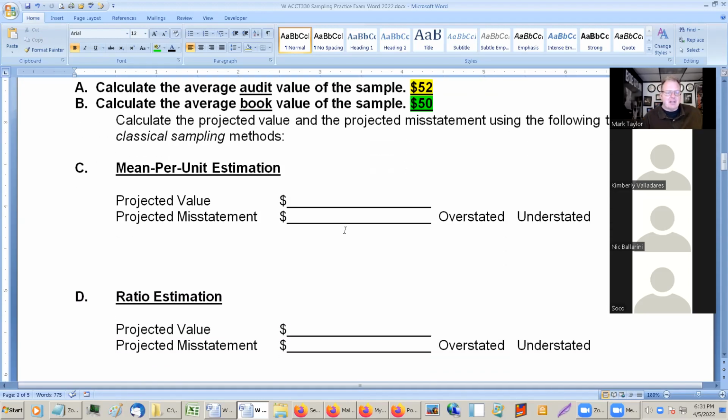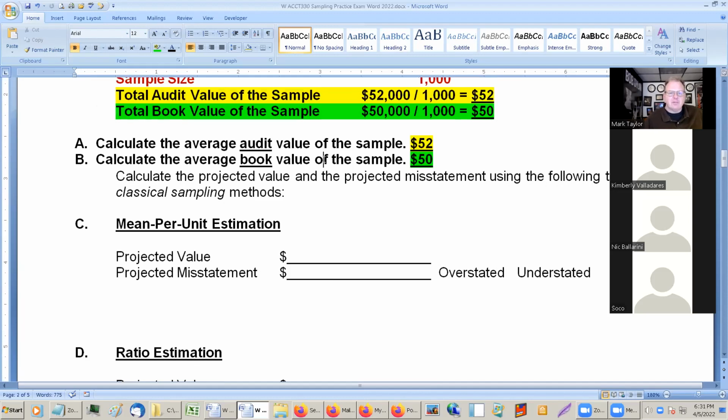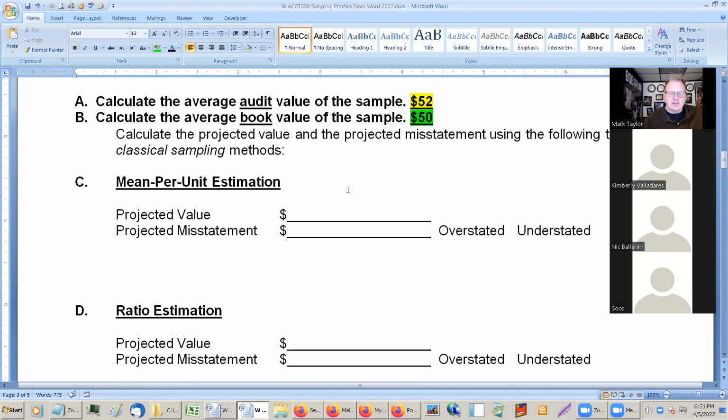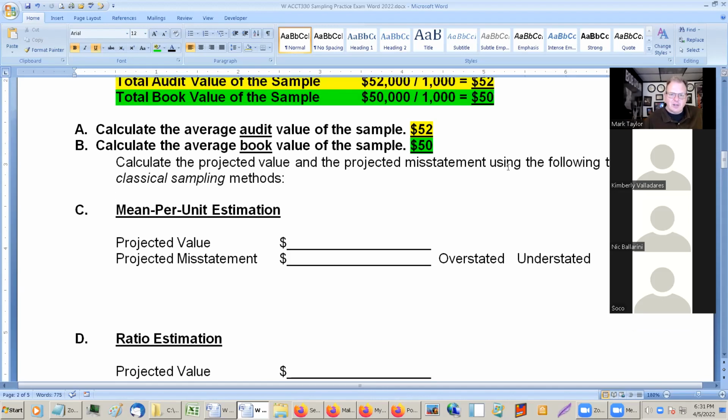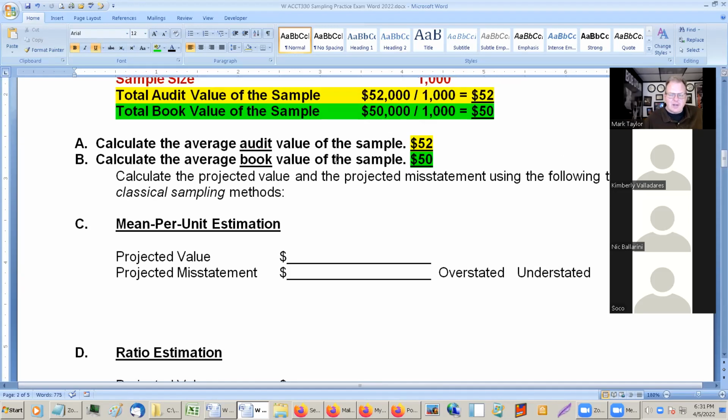Hopefully by now you guys are getting kind of used to the terminology, that it kind of tells you what to do, when you look at the mean per unit, ratio estimation, all that. Mean per unit just means the average. And whose average is more persuasive, our average or the book average? So which one is more persuasive, the auditor's work or the work of our client?